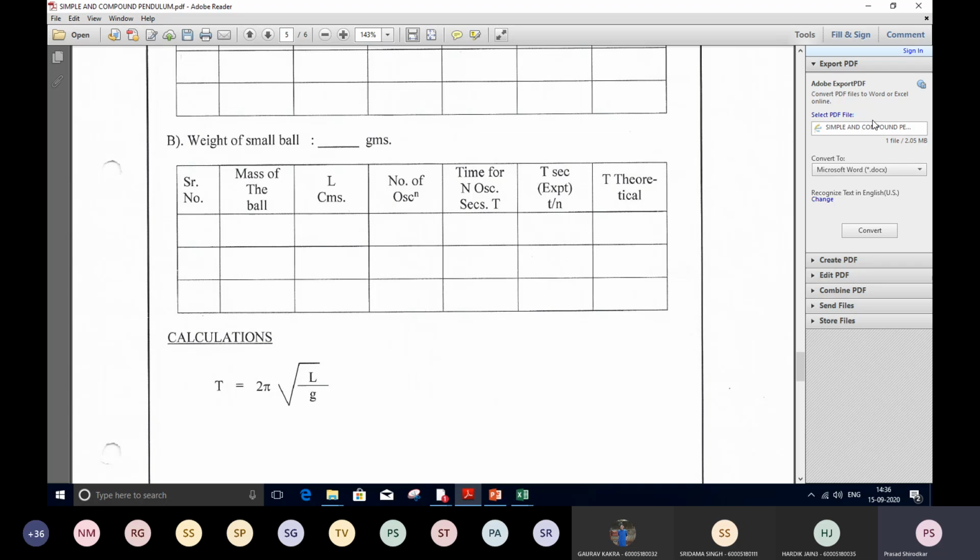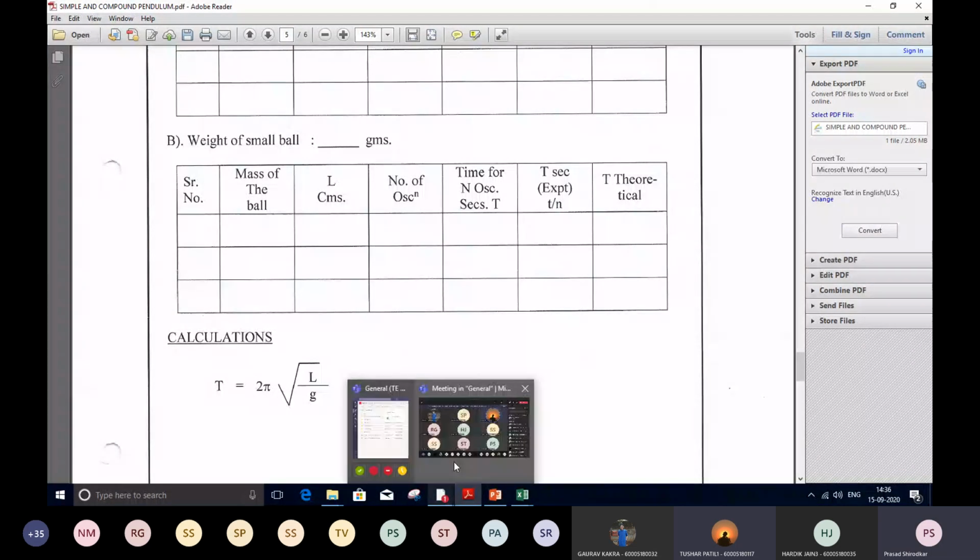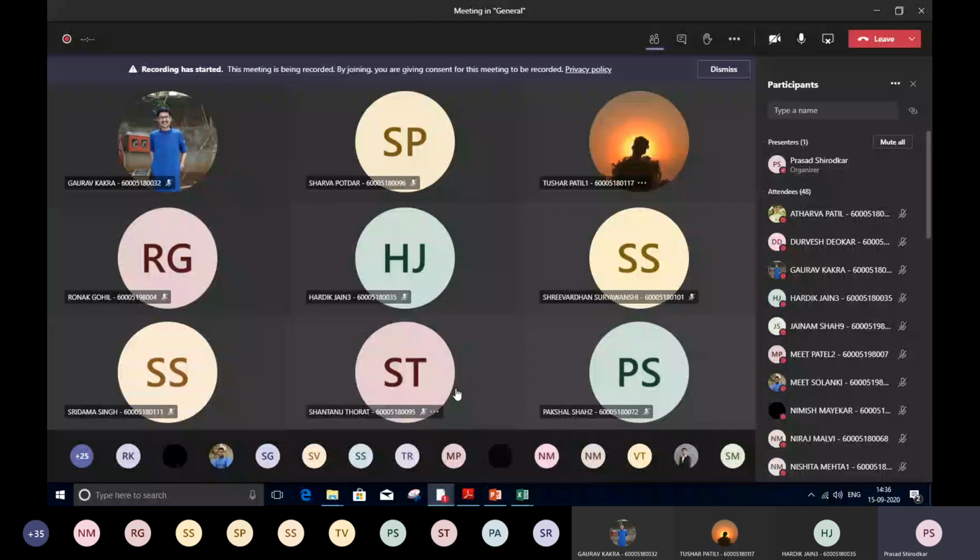Yes, anybody else ready with the demo? Only one student? Sir, I am ready. Who is that? Sir, I am Tusha Patil. Switch on the camera.